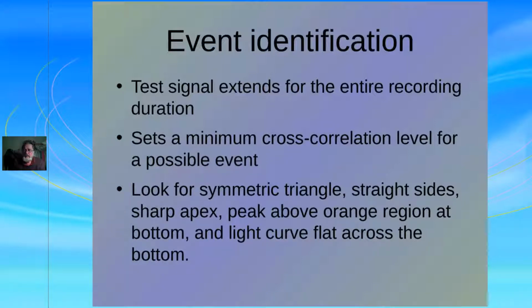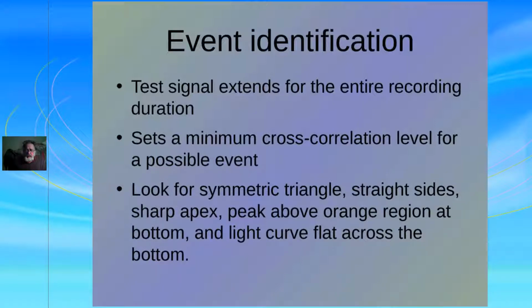Event identification. Test signal extends to entire recording duration. It does an initial scan, looking for events. I emphasise, well, not really events, but for a one-frame duration to set a minimum cross-correlation level for a real possible event.